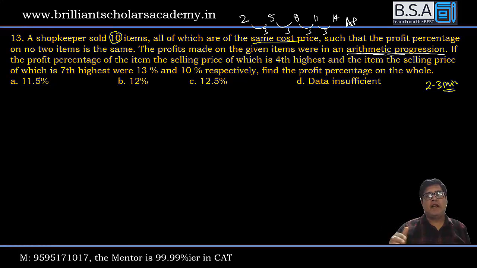The 4th highest item in terms of selling price and the 7th highest item in terms of selling price had profit percentages of 13 and 10 respectively. Find the profit percentage on the whole.